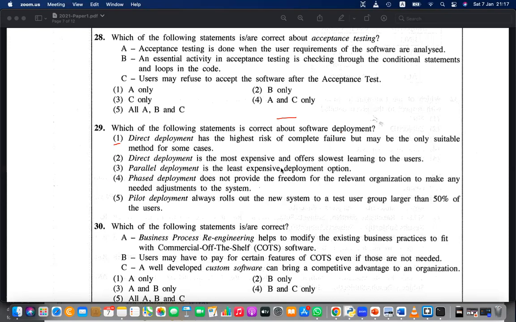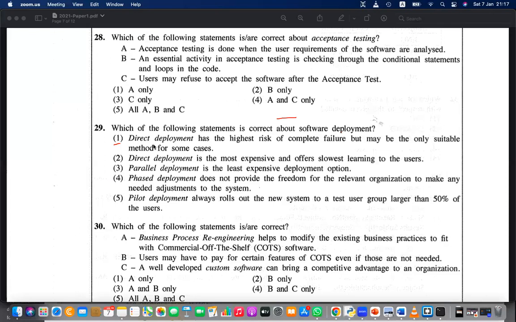That is wrong. Pilot deployment always rolls out the new system to a test user group larger than 50% of the users. Pilot deployment is just a sample. Even a small sample is okay for the pilot.